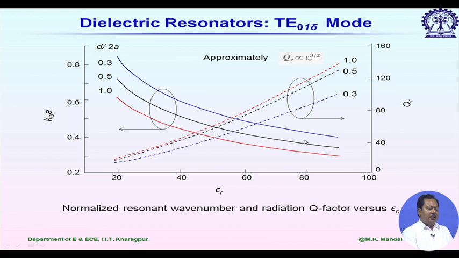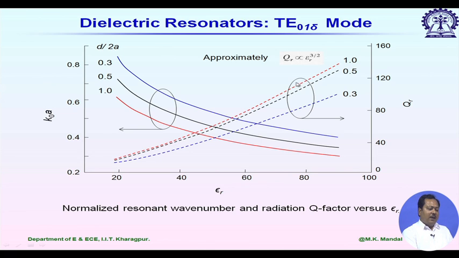And the interesting thing is that QR, which is shown on the right side, also increases with increasing epsilon r. Approximately QR is proportional to epsilon r to the power 3 by 2. So, if we increase epsilon r, then QR will increase. In other words, there will be less radiation and the radiation bandwidth will decrease.